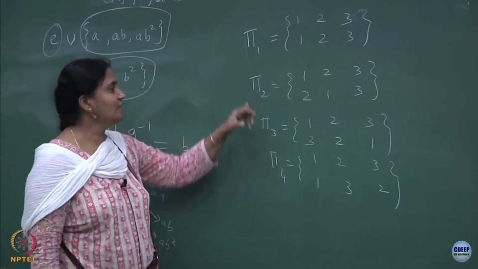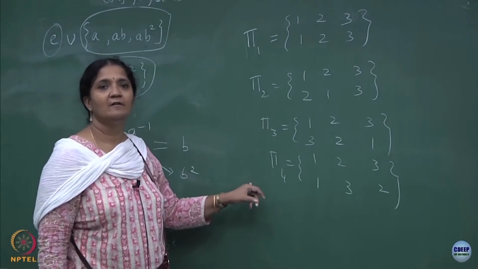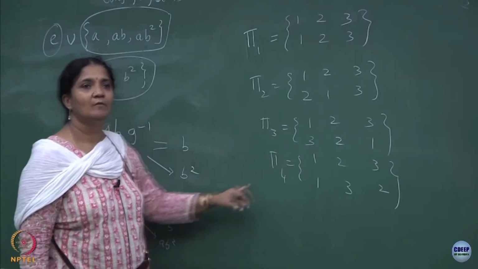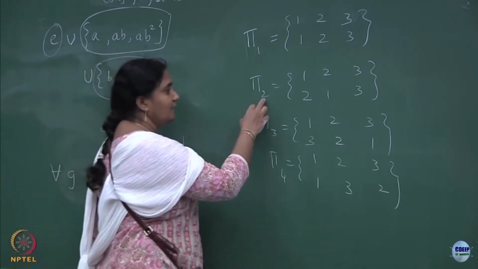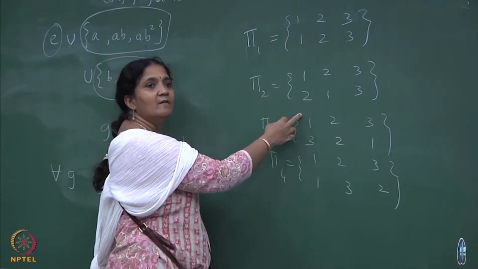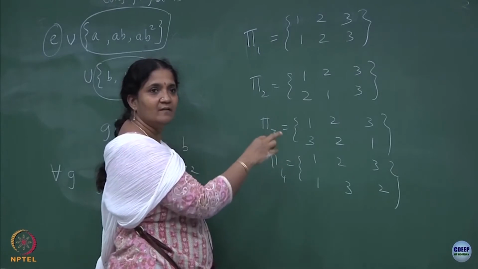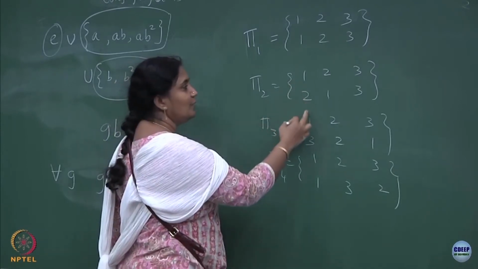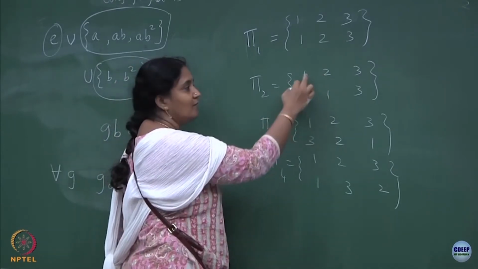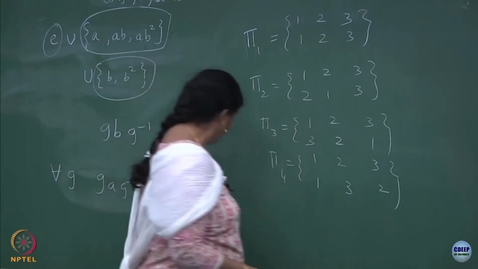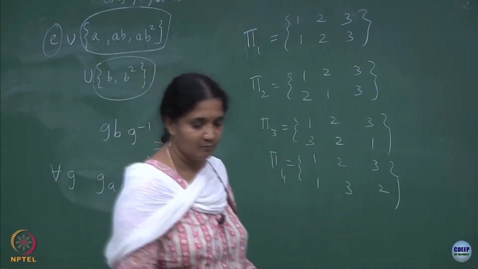The beauty of these elements is, if you do pi 2 again, you will get back identity, right. 1 goes to 2, 2 will go to 1, so 1 will go to 1. How do we do that?